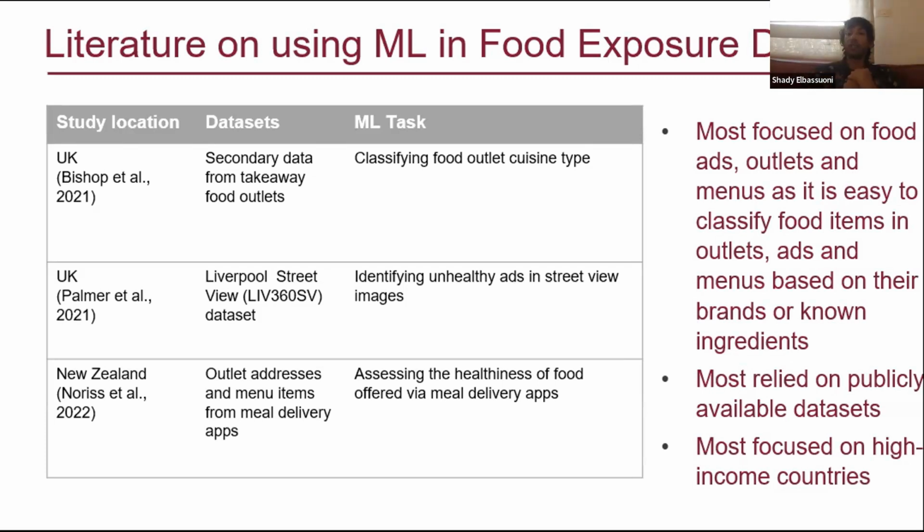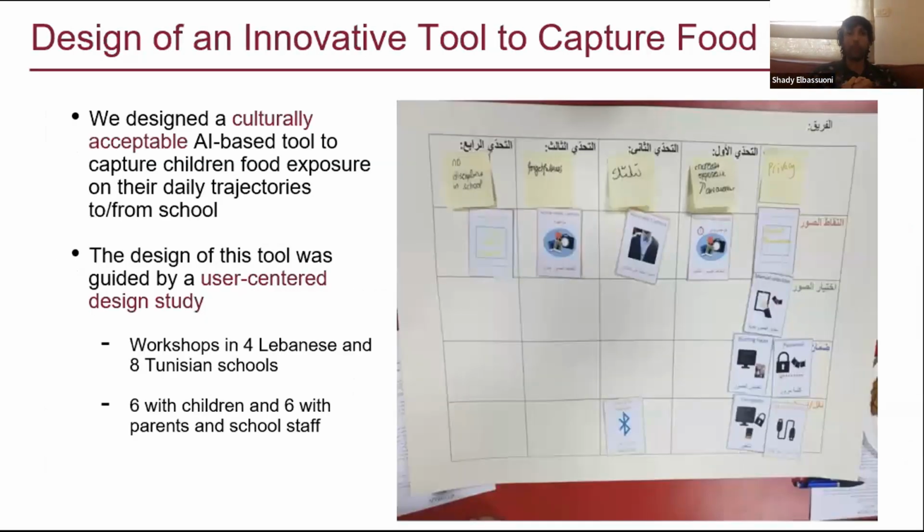Most of these studies also relied on publicly available data sets, and most of them focused on high-income countries, where our user studies were going to take place in middle and low-income countries. So really, we weren't able to use anything that is out there to achieve our goal.